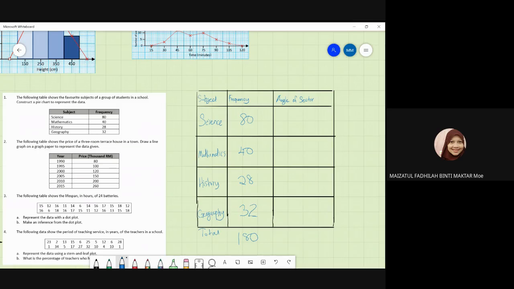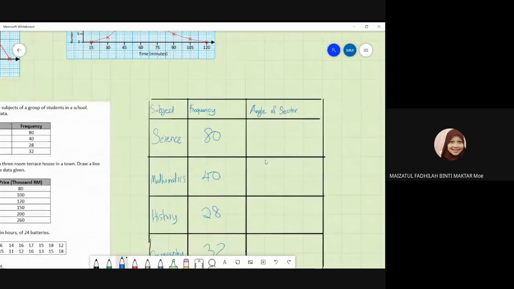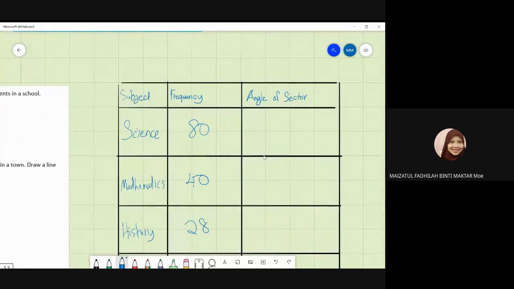Then after that, you can continue to calculate the angle of sector for each one of these. So how do you do that? Take the frequency 80 over the total 180, times 100%.